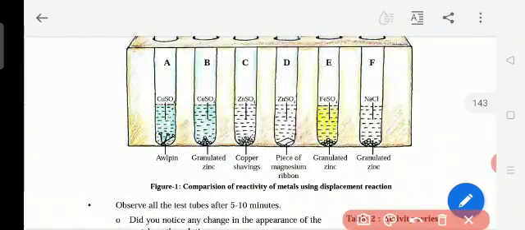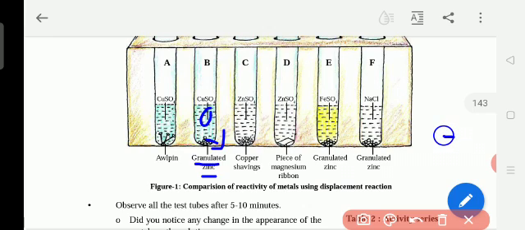So, if we take the copper sulfate solution, and here this is the copper sulfate solution. But what is the metal they put inside? Zinc. Now you see in the reactivity series, which is more reactive? Copper is more reactive or the zinc is more reactive? Zinc is more reactive.